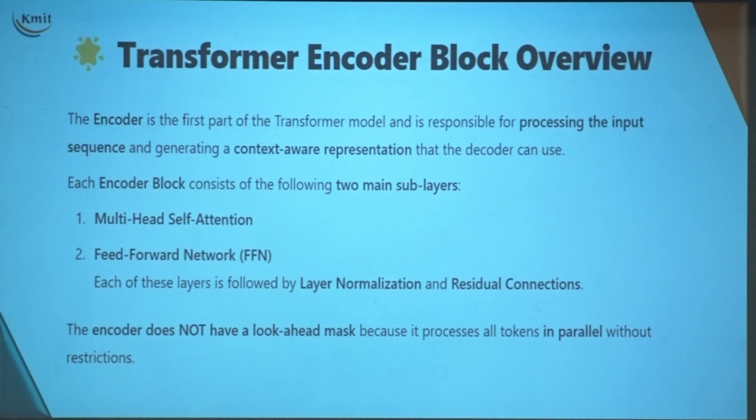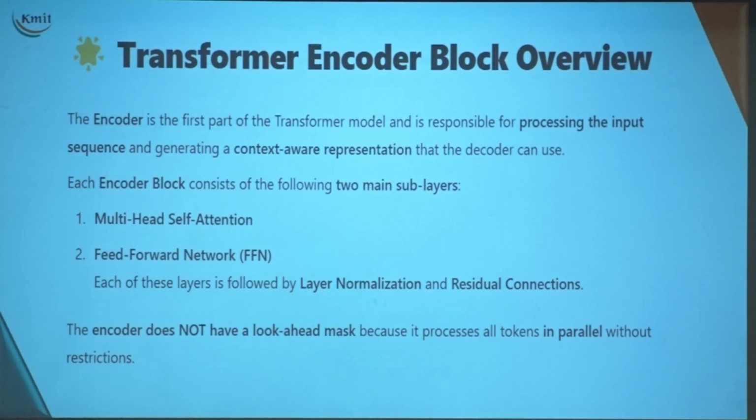Language translation. So when I give one input in one language, the decoder will start taking the features that are given by the encoder and start generating the translated output of each and every token. Okay. Now, the encoder has two sublayers. What are they? Multi-head attention and feed-forward neural network. Each of these layers are followed by what?